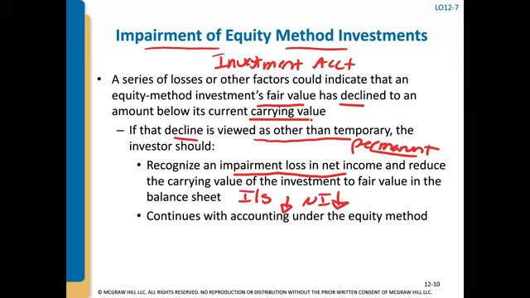It will be a recognized loss, and we reduce it to the fair value. And then we continue moving on with our equity method as usual.